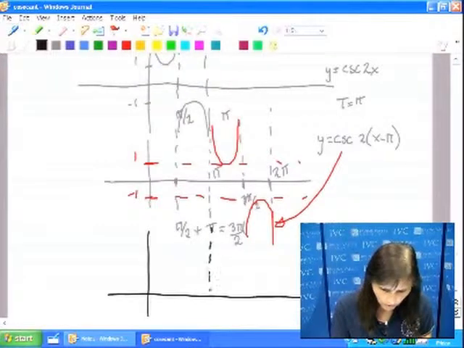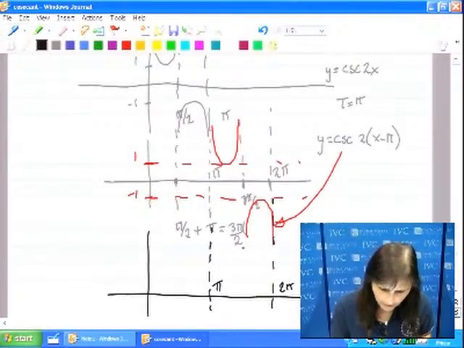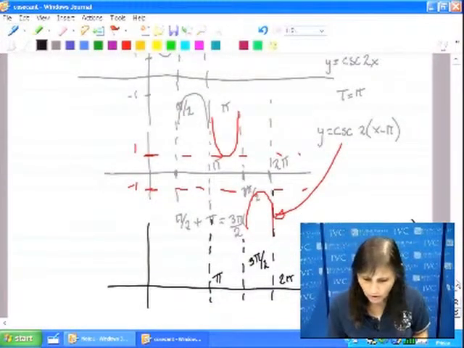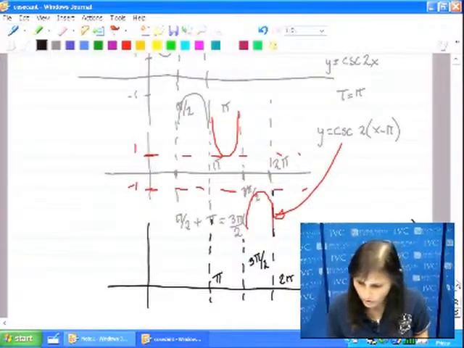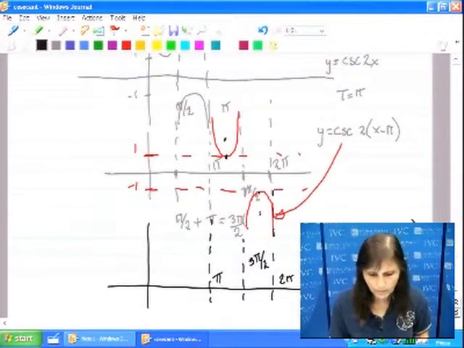It's going to go from pi to 2 pi. And the middle is 3 pi over 2. Okay? And what will happen to it? You're going to multiply by 2. In other words, this is going to move up to 2. This is going to move down to -2.